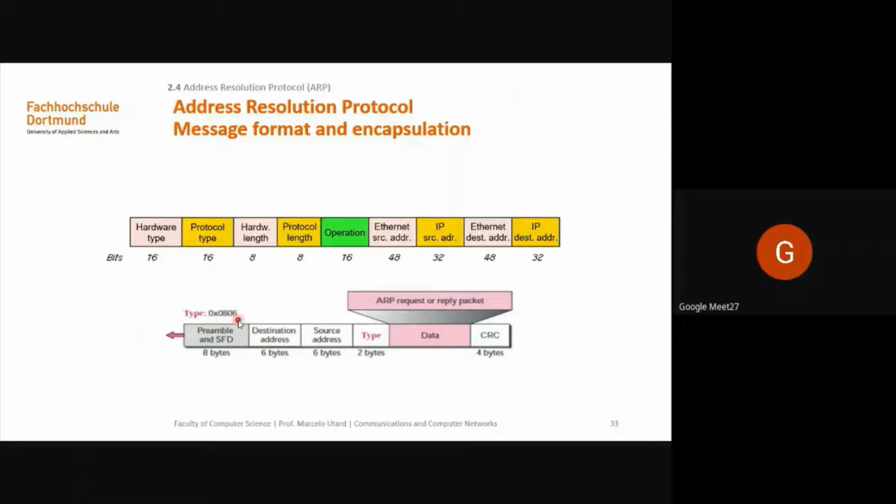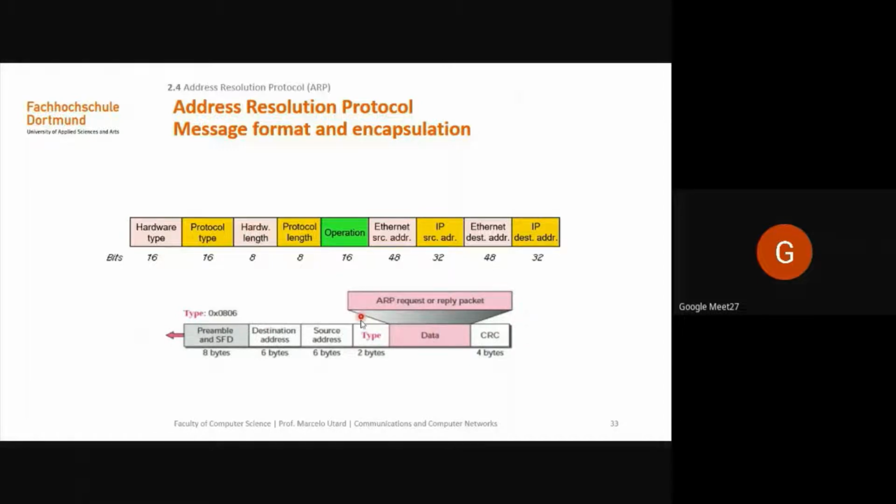This number is in hexadecimal notation, but in fact this number is higher than typically 2000. Then this is the typical Ethernet 2 frame format.